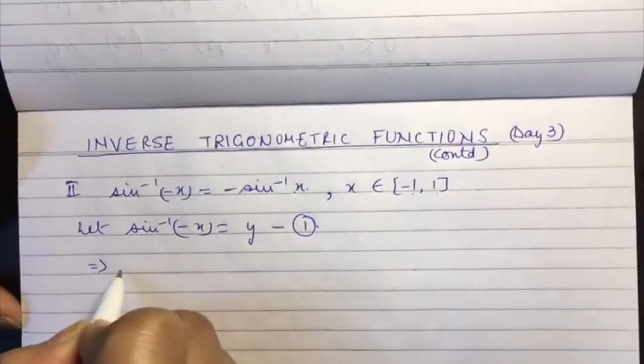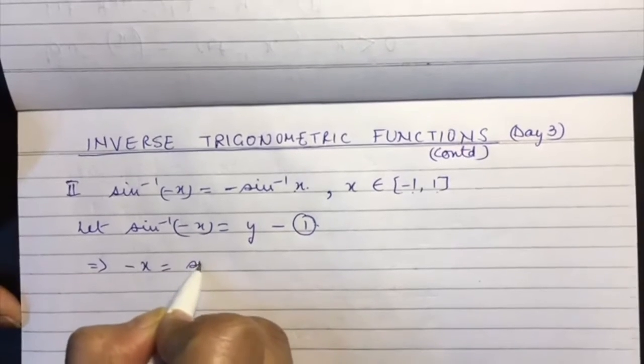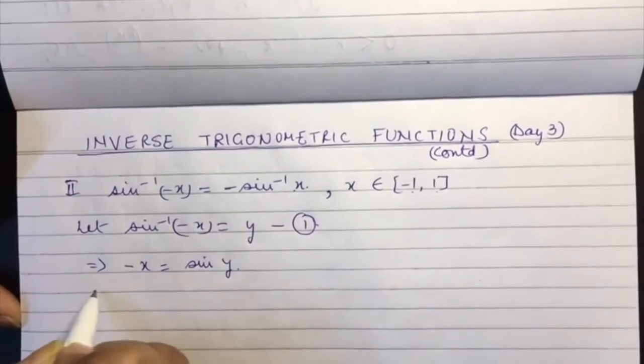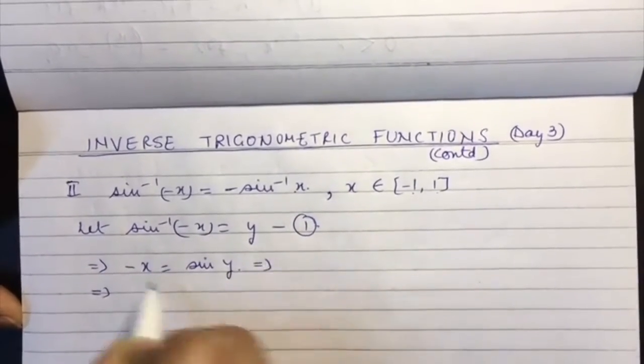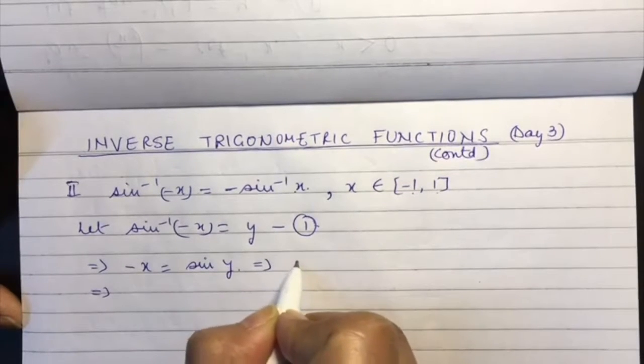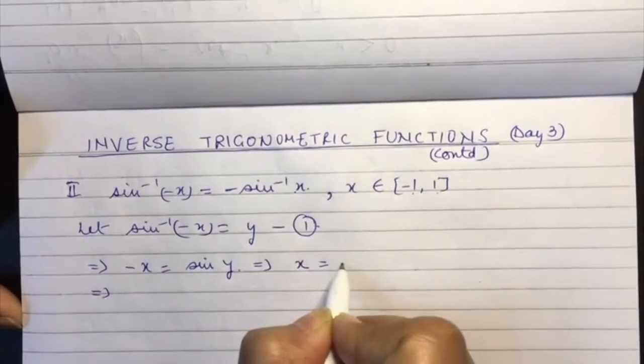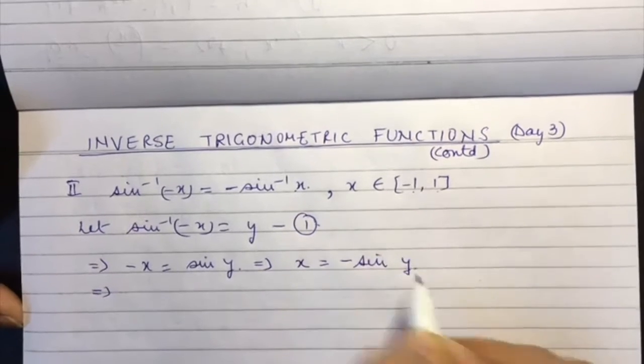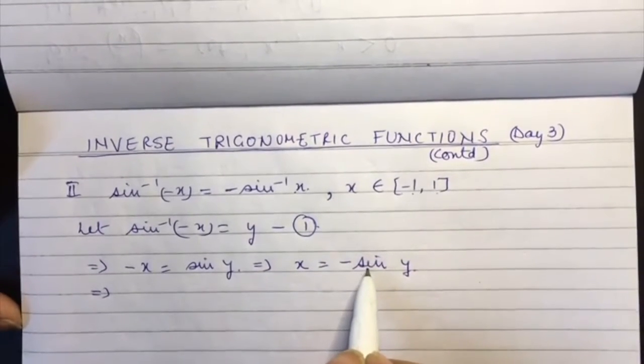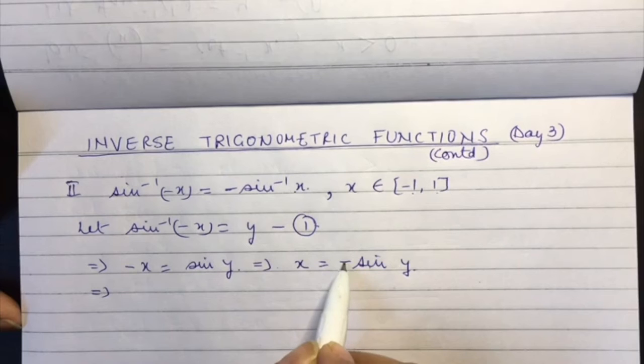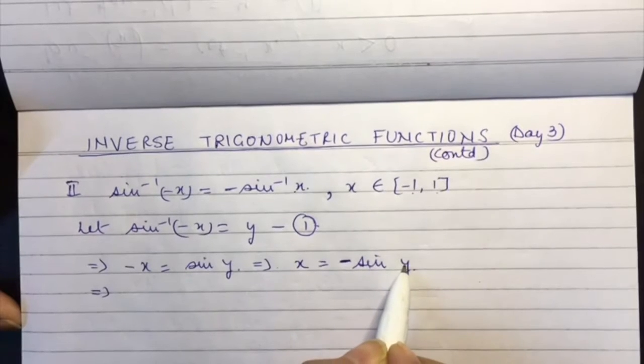This gives us minus x equal to sine y, which gives us x equal to minus sine y. Now to be able to take the sine to this side, we don't need a minus sign outside. We have to absorb this minus sign inside.